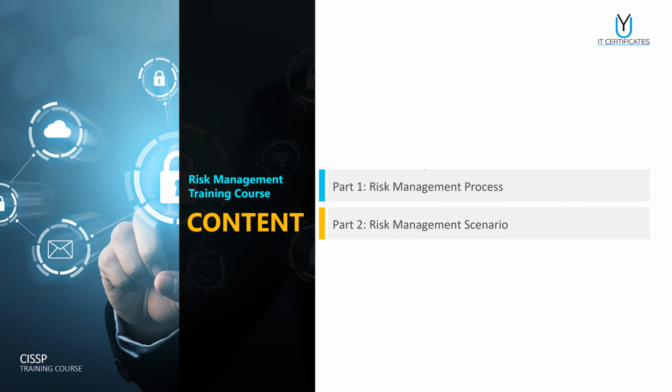And we will try to apply all this information in the risk management scenario. We will help you to implement risk management in your organization based upon the information we got in the risk management process, which is part one of the training course.